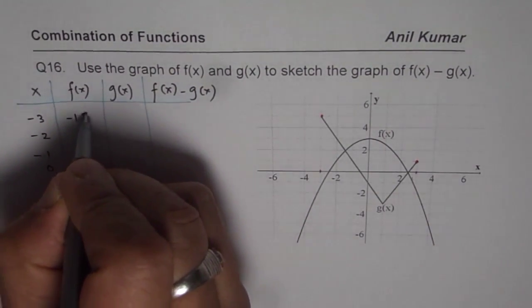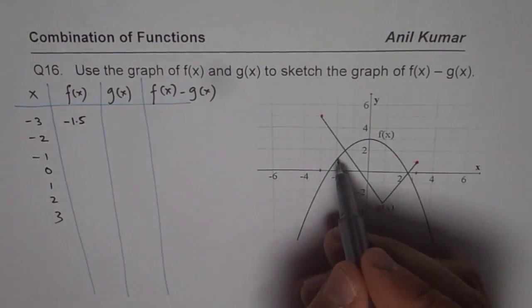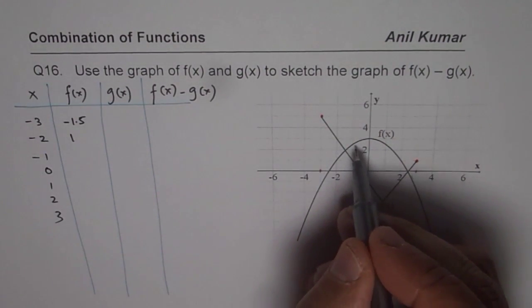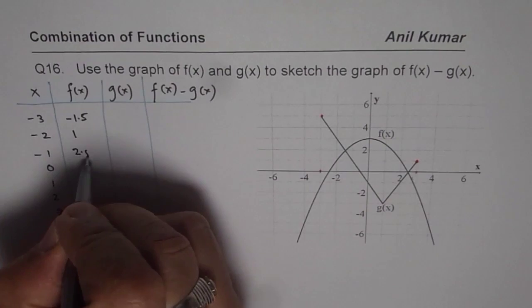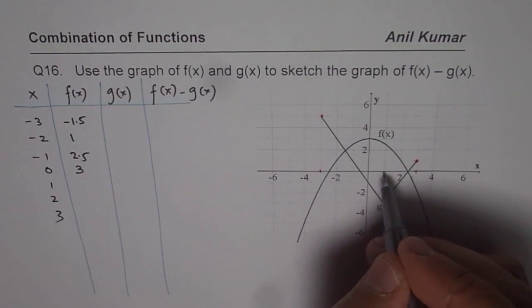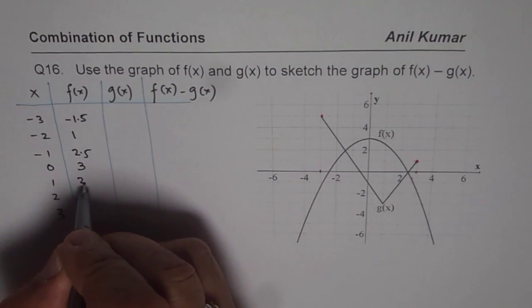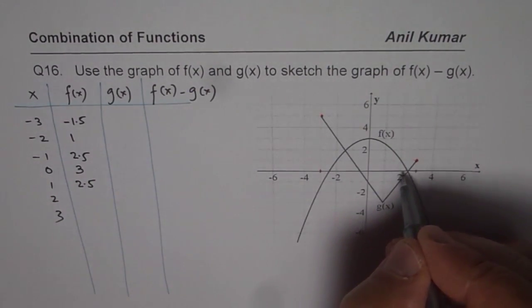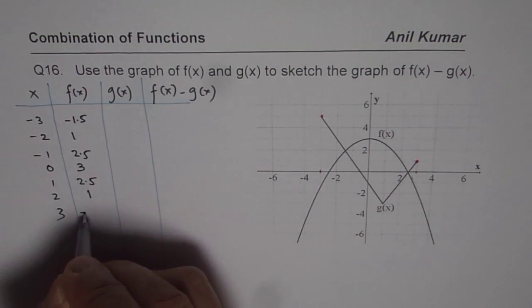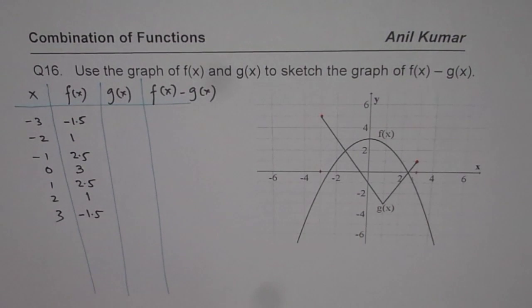At minus 2 it is 1. At minus 1 it is 2.5. At 0 it is 3. At 1 it is 2.5. At 2 it is 1. And at 3 it is minus 1.5, right?